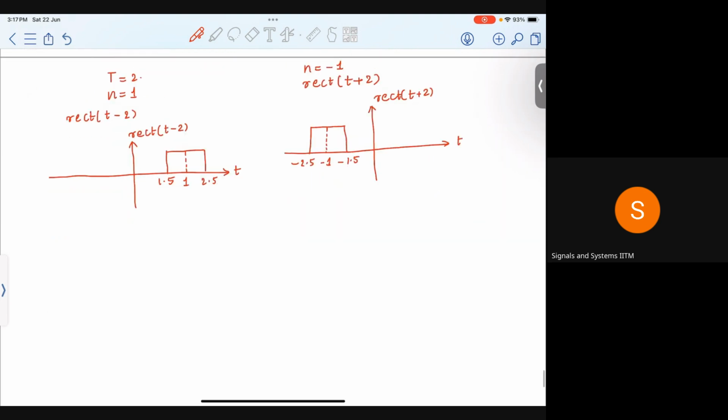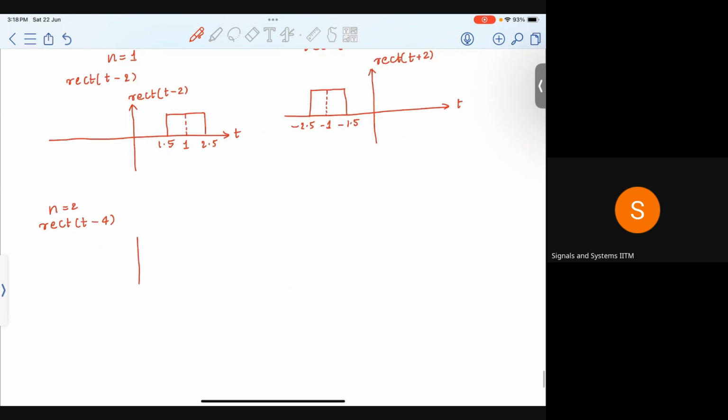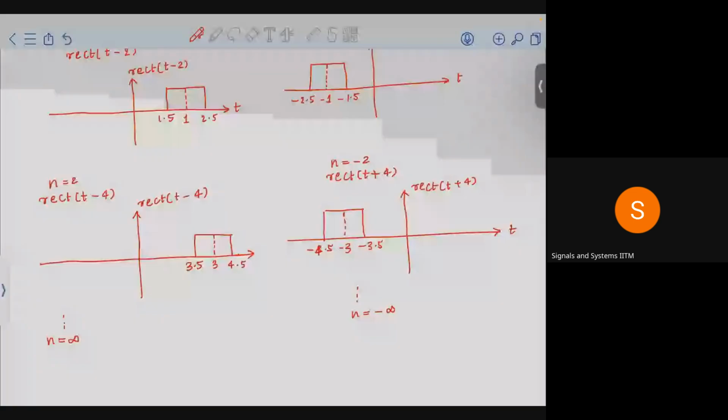And then for n equal to 2, what do we have? Rect of t minus 4, right? And how does that look?